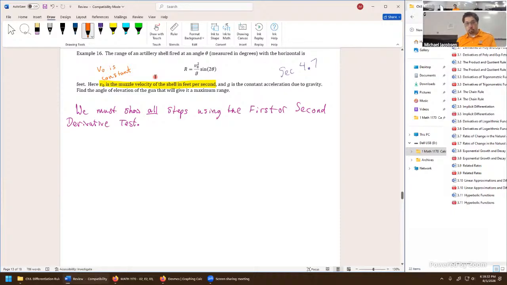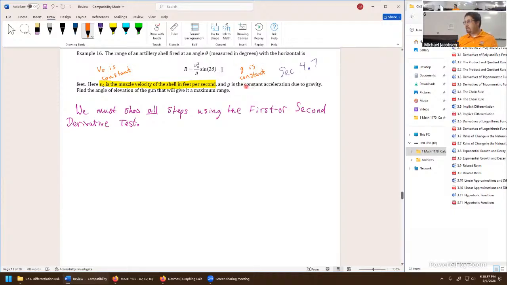That would make the gun pretty much useless for precision shelling. So we have muzzle velocity as a constant here, squared. G is the constant acceleration due to gravity. It's kind of nice. It's said it's constant, but let's just say it again here, just to prime our mind to remind ourselves of that. G is constant.